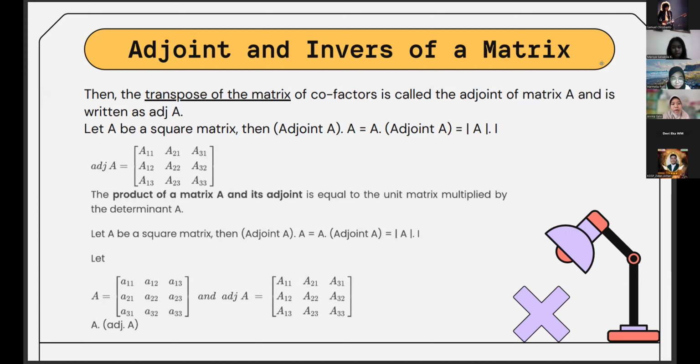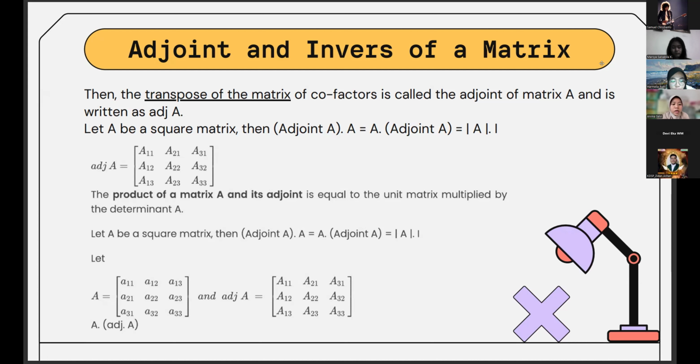The product of a matrix A and its adjoint is equal to the unit matrix multiplied by determinant A.